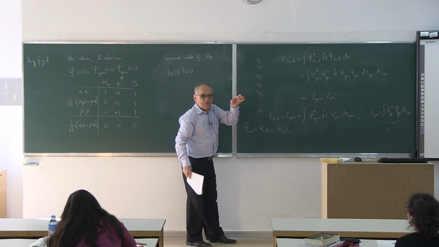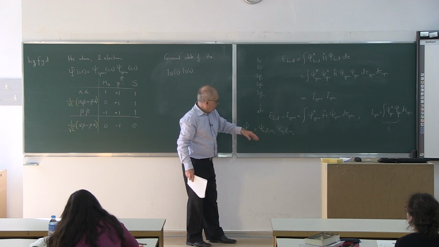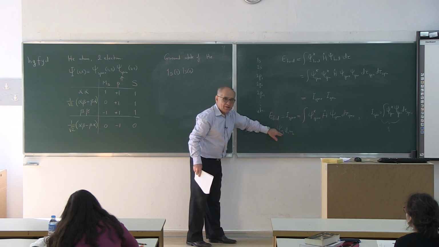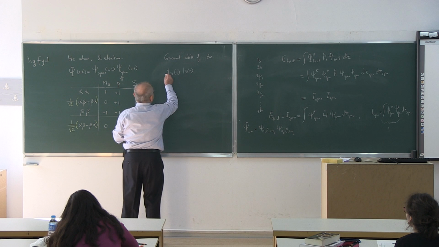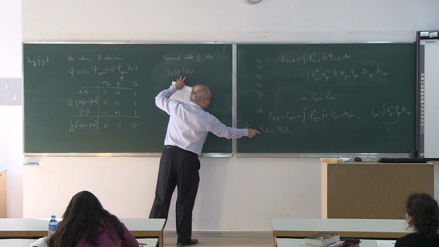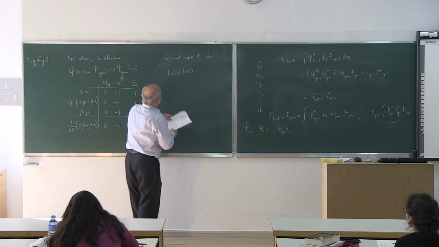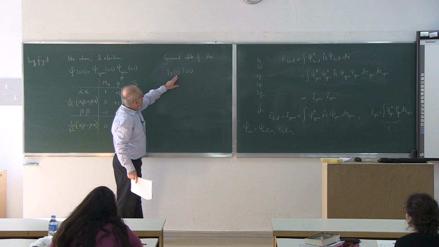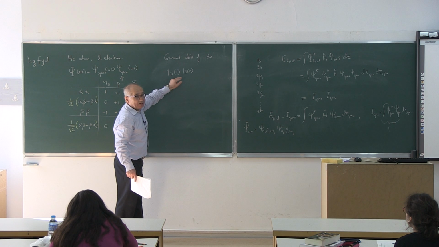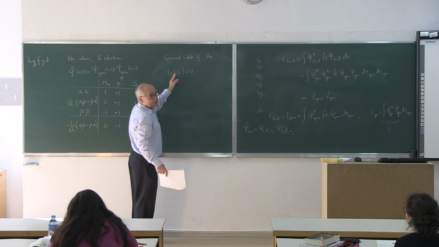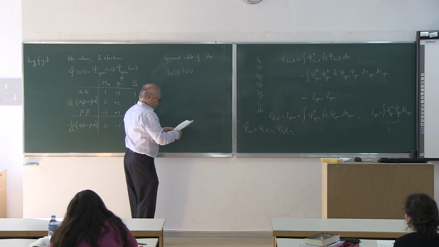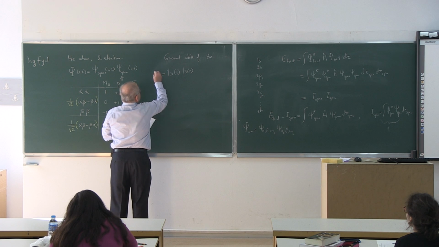Now, to obtain the lowest total energy, we select the lowest energy orbitals for the first electron and also for the second electron. Notice that this product is symmetric with respect to electron exchange. If you exchange 1 with 2, the expression stays the same, isn't it?